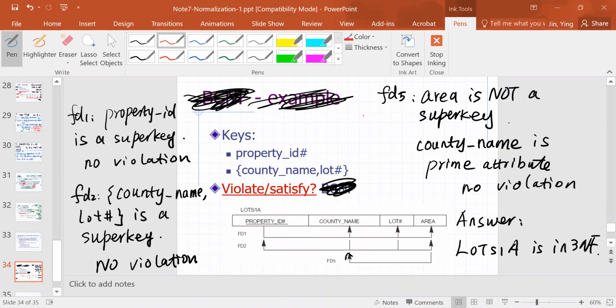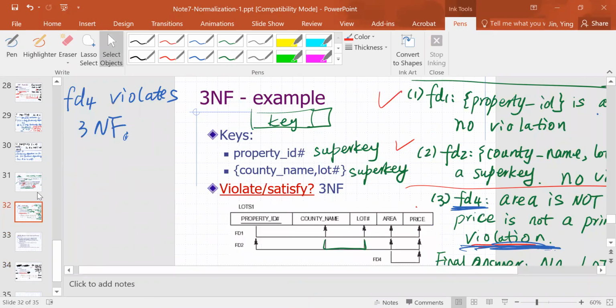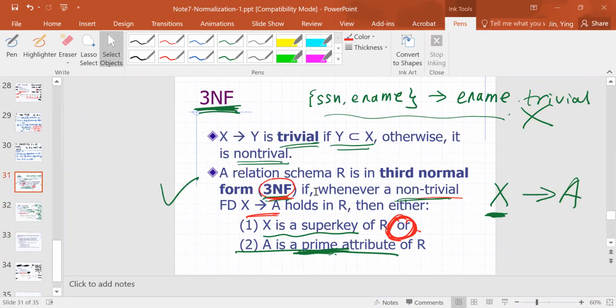So for example, if you get this part done, but this is missing or wrong, then you only have part of the score. You don't get 100%. I can only give you the score related to that, not the FD1 and 2. That's actually kind of common. People just put down 1 and forget the rest. Remember, in order to be third normal form, when we go to the definition, every single functional dependency must be checked to make sure no violation.